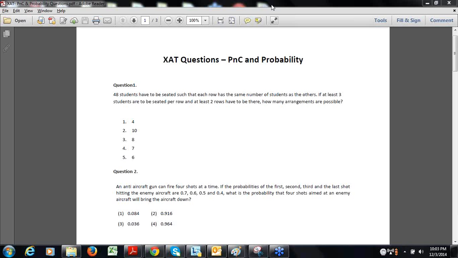This is one topic that needs to be prepared thoroughly in order to crack ZAT, and you can expect at least 2 to 3 questions easily from this topic. Some of the questions might not be direct, may not be direct formula based.